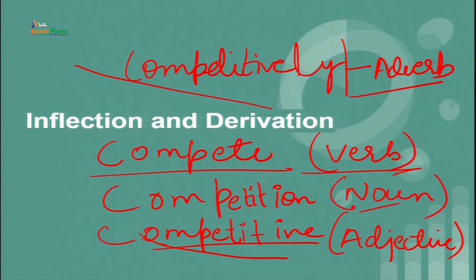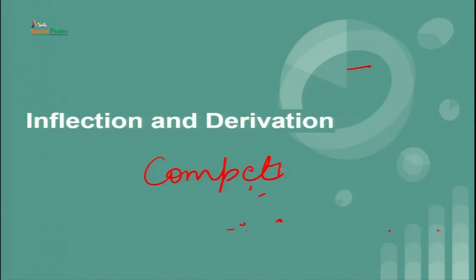And one more thing which many linguists have tried to put up is that when the meaning gets changed, then also derivation takes place. So, how meaning gets changed, that we will try to look up in the slide. How derivation takes place, that we will try to understand through the same example, compete, right. So, when you talk about compete or when you talk about competitive, let us say I will add IVE.